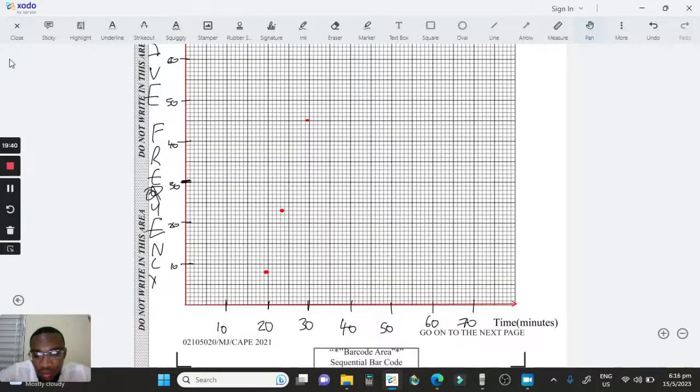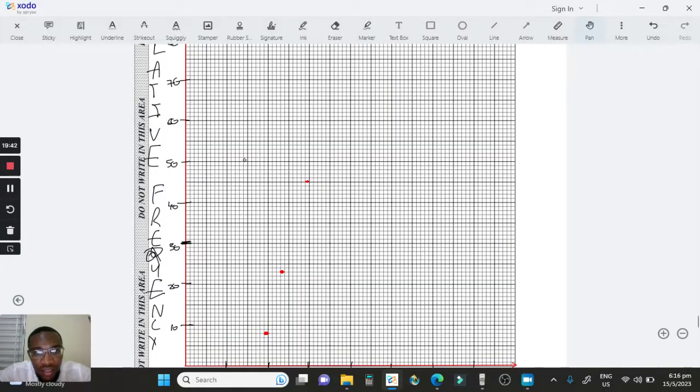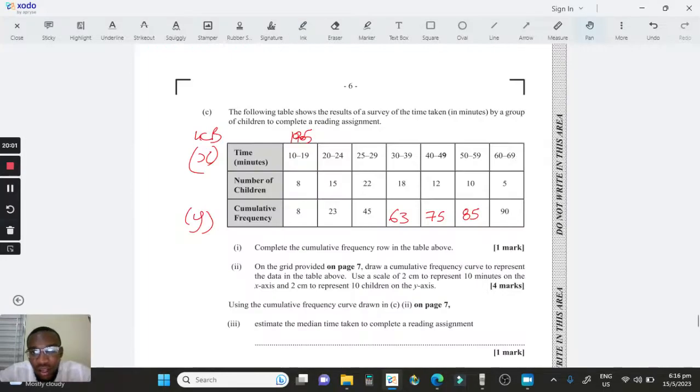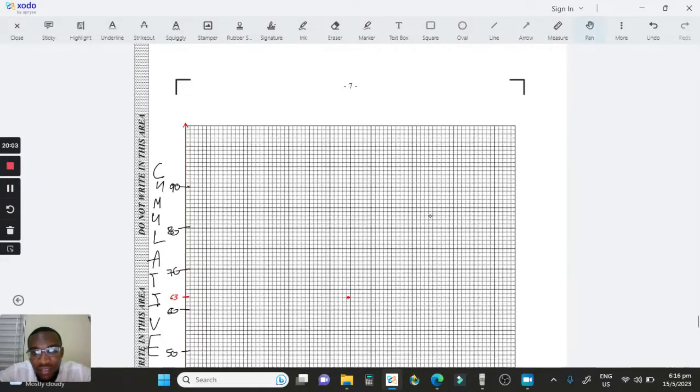Let me zoom out a bit. 39.5 to 63, 61, 62. This would be our 63. So I'll go across from my 63, and I'm looking for 39.5, which is right here. Now I'll go 49.5 to 75.